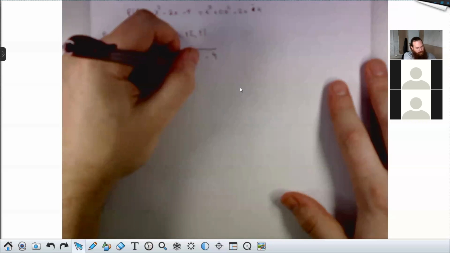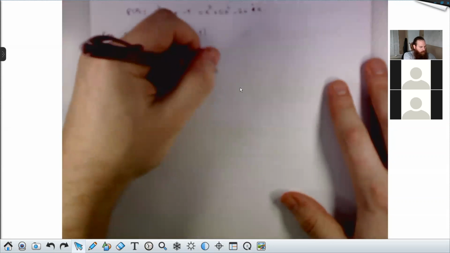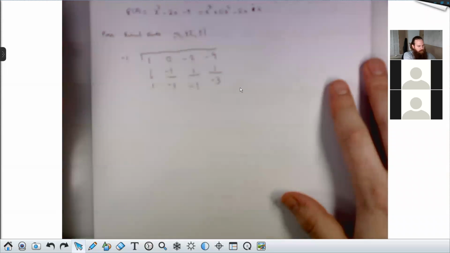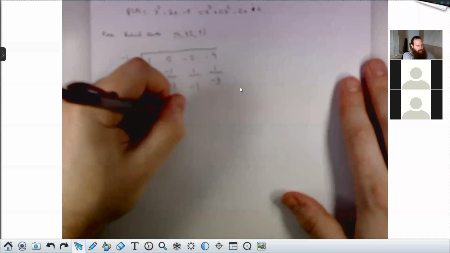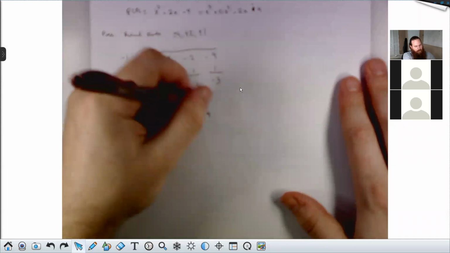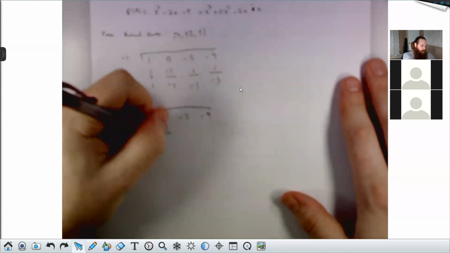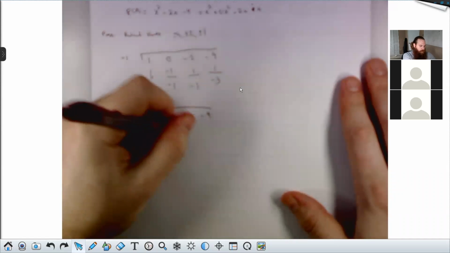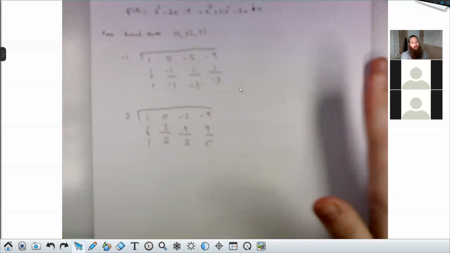Negative 1 times negative 1 is positive 1, plus negative 2 is negative 1. This is 1, this is negative 3, which is not 0. So we move on to the 2's. This is 2, 2, 4, 2, 4, and 0. So that works.